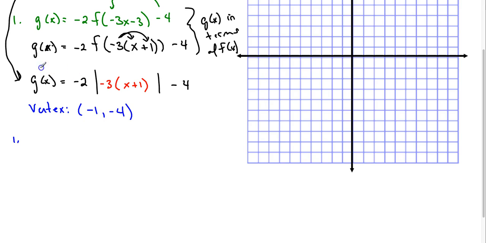Let's go left to right. First transformation, what's the first transformation we see? Yep. So the negative sign, we have a reflection over the x-axis. Second one. What's the second one we see? We got the negative. Check. We have a 2 here. What does that 2 do?